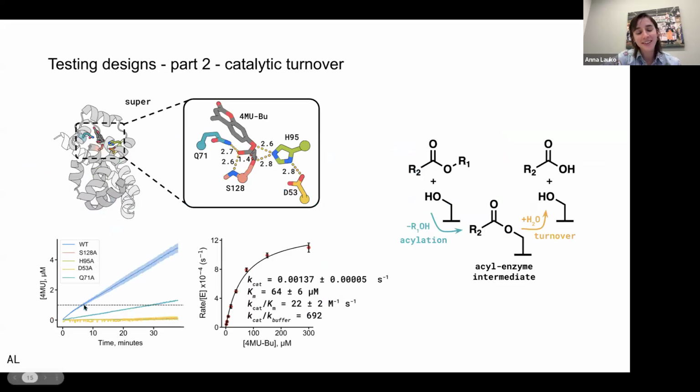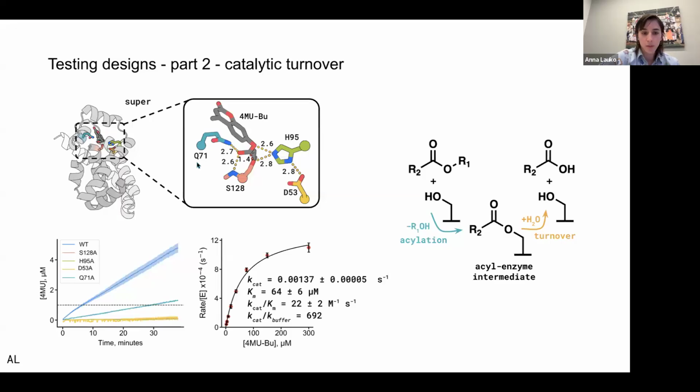And very excitingly, when we tested this panel of designs, we did discover some actual serine esterases that were not single turnover. So this is one of these designs. It has a catalytic triad, a backbone serine amide oxyanion hole, and a glutamine sidechain oxyanion hole.